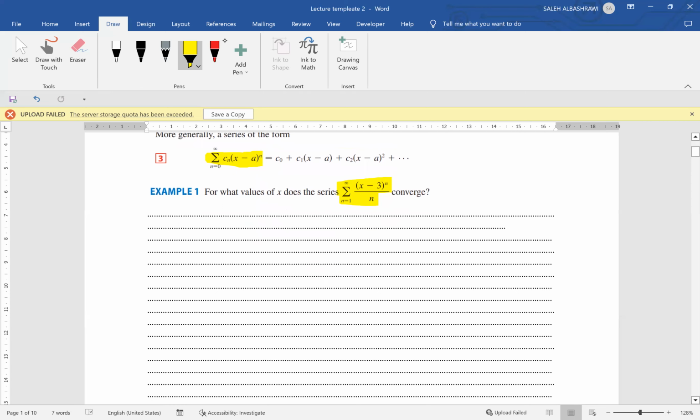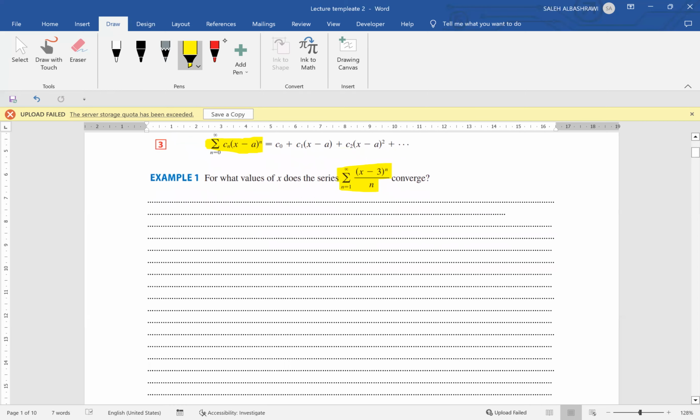To make this more clear, check the convergence of the series x minus 3 to power n divided by n. So we need to check for what values of x the series converges. And later on we will speak about the radius of convergence and interval of convergence.